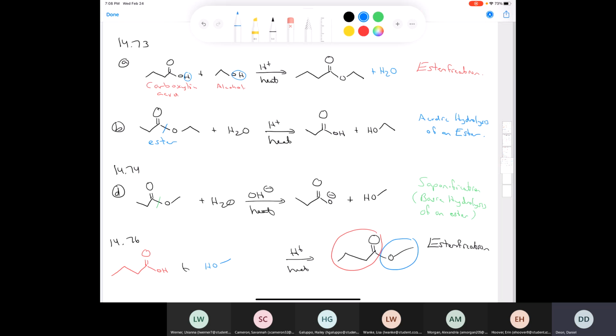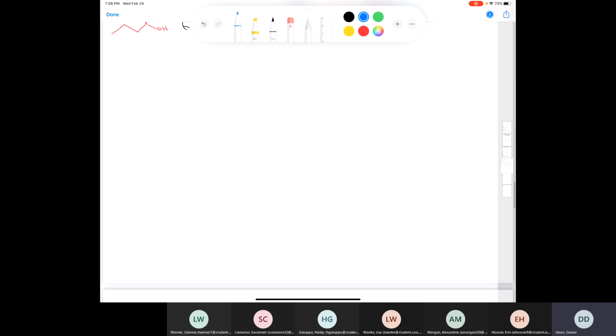Why don't we try drawing a couple of compounds based on their names? So in 14.90, it says just to write the bond line structure. So write bond line structure.